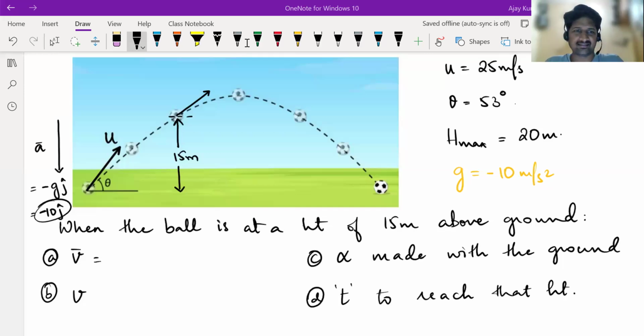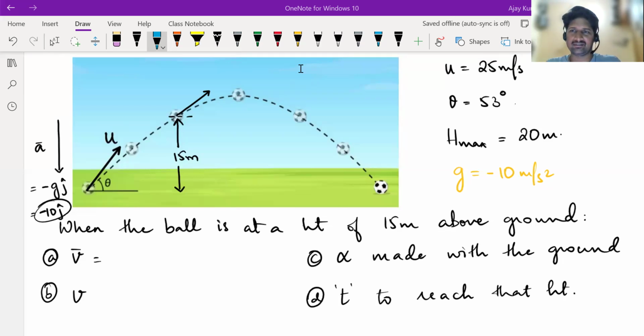Any answers? At least for some of the questions. So velocity is root 325 j cap. See, you are saying velocity is only in the y direction.